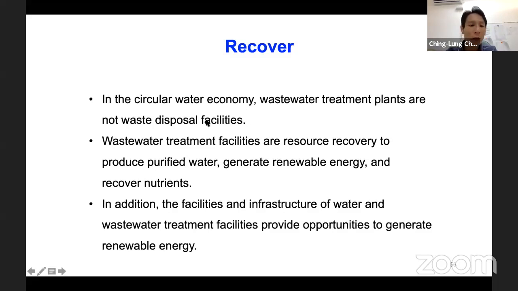The facilities are resource recovery facilities that produce purified water, generate renewable energy, and recover nutrients.